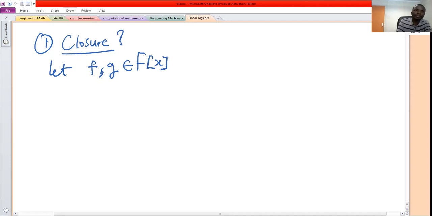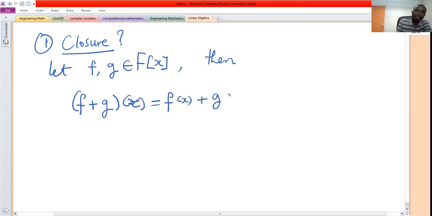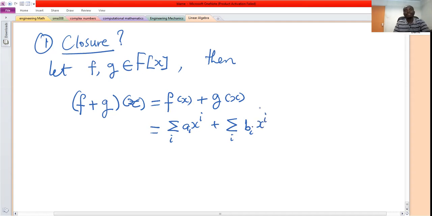Then we have f plus g of x, the same as f of x plus g of x, which is the same as summation ai xi plus summation bi xi, from the way we have defined f and g.